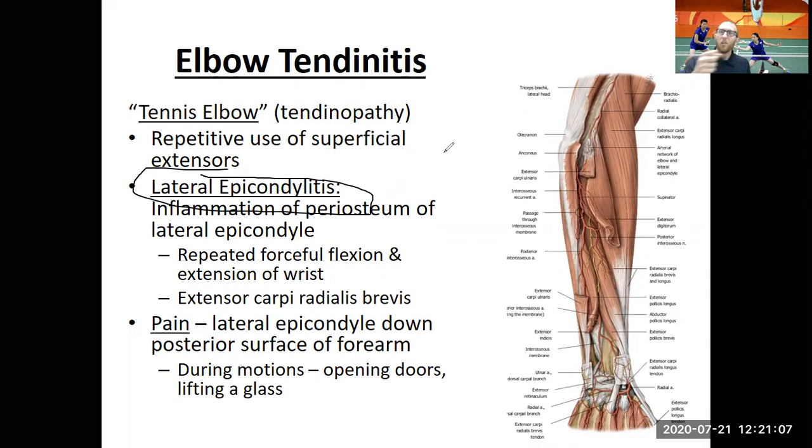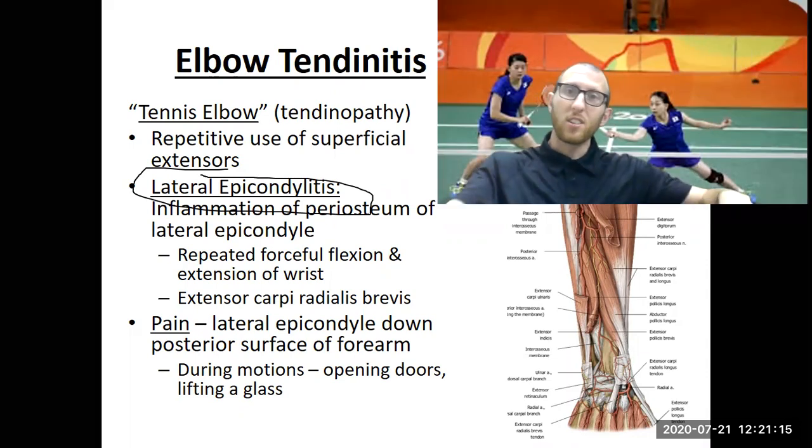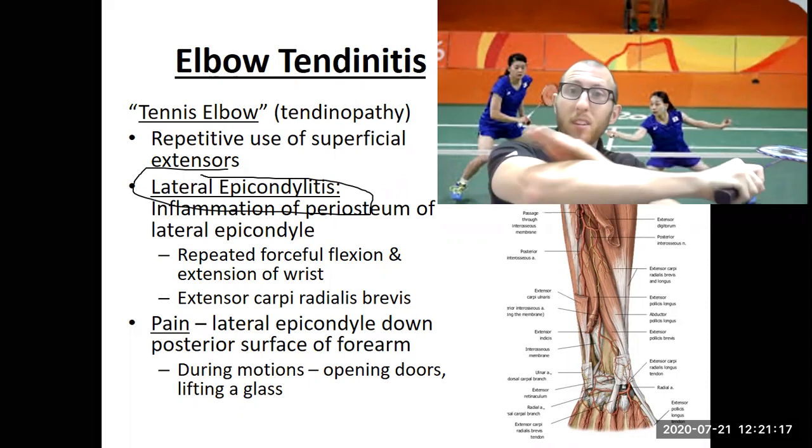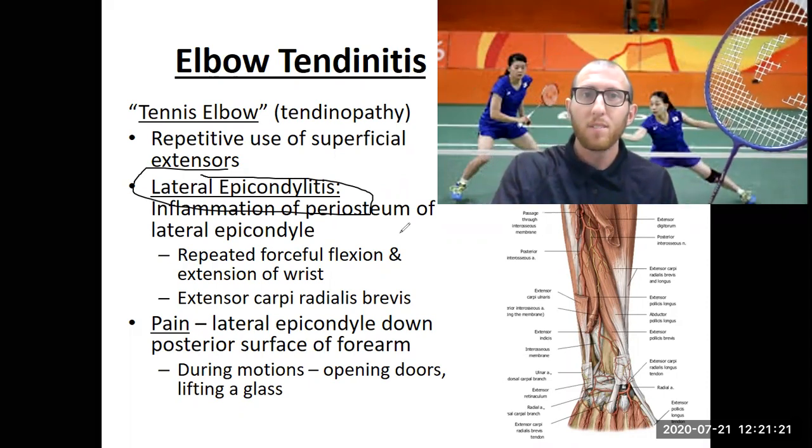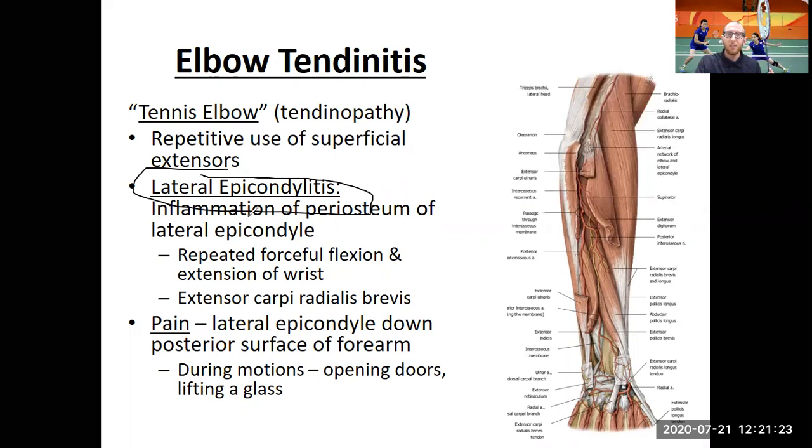When you go from the position that's in this picture to when you actually hit it, that puts a lot of stress on the lateral side. So that can get inflamed as well. And that is your inflammation of the periosteum of the lateral epicondyle. Lots of pain and things like that. But again, strengthening the forearm can really help against that pain.